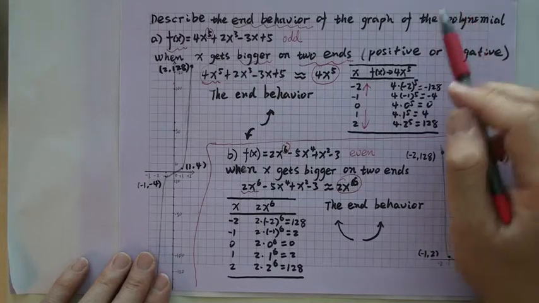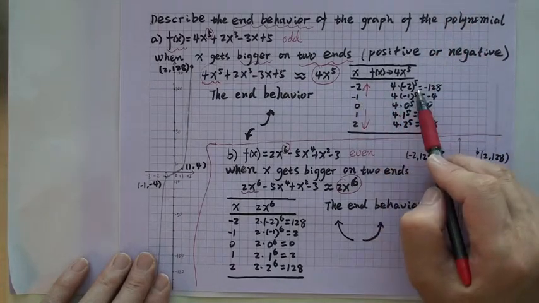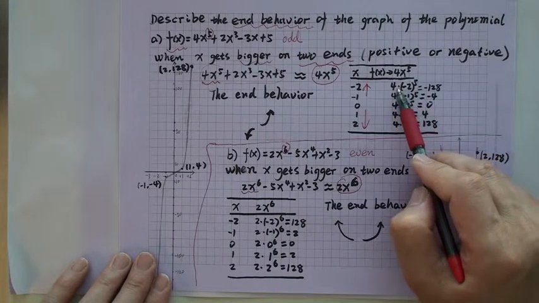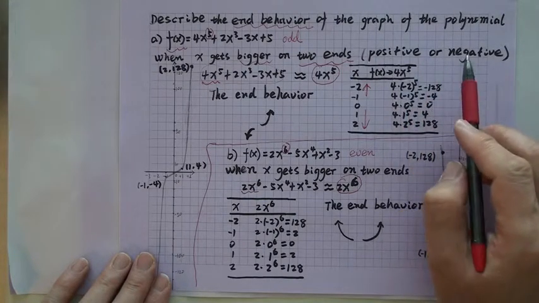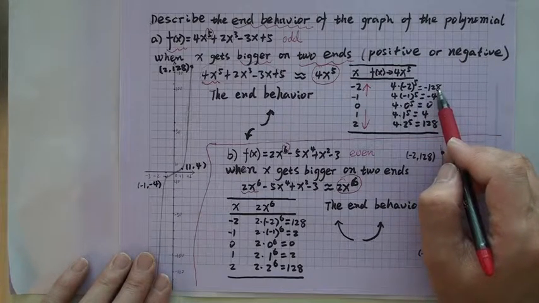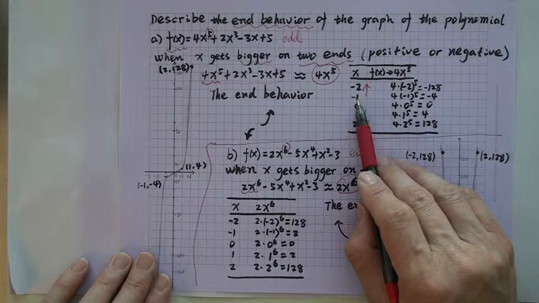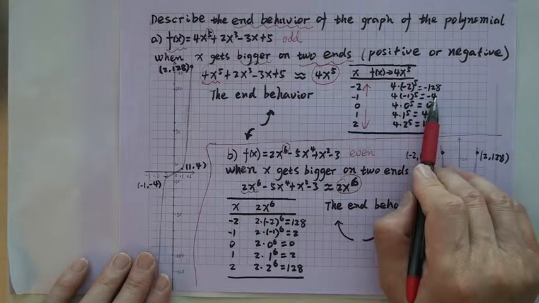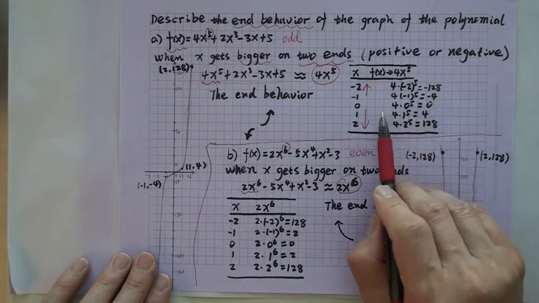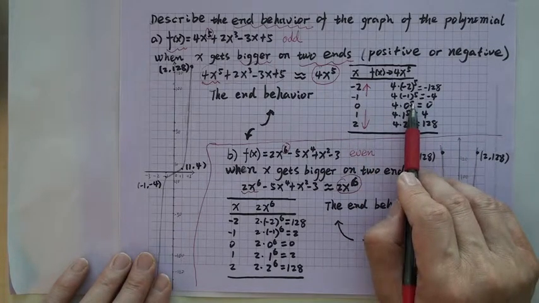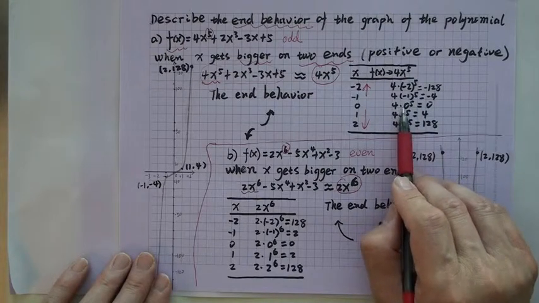Then you will see when x equals negative 2, 2 to the fifth times 4 is negative 128. And x equals negative 1, 4 times negative 1 to the fifth is negative 4. Similarly, when x is 0, 0 to the fifth is 0, and then 4 times 0 is 0.